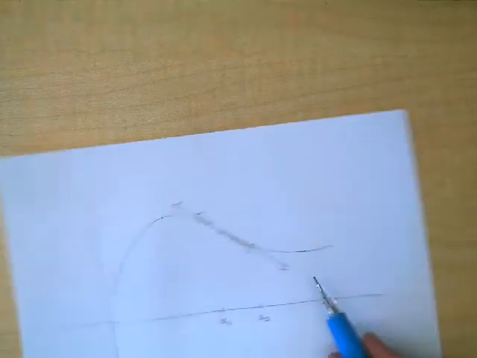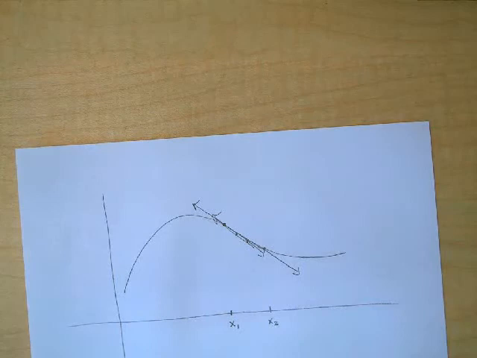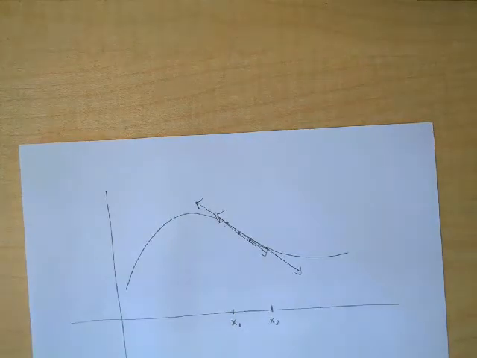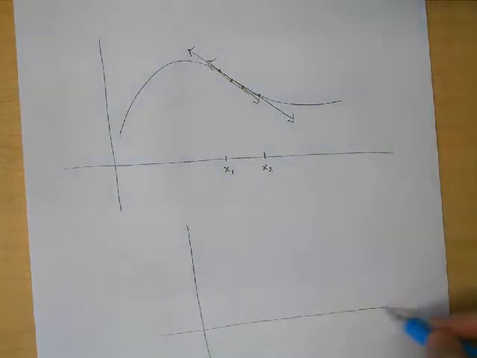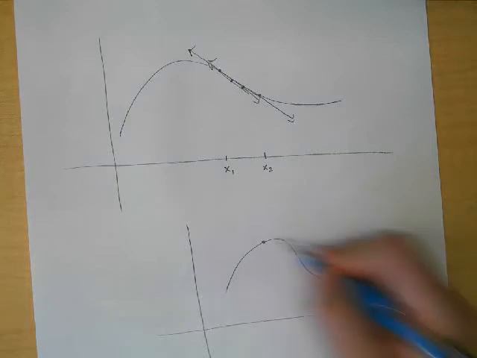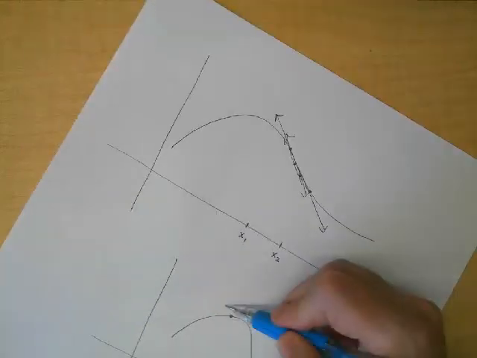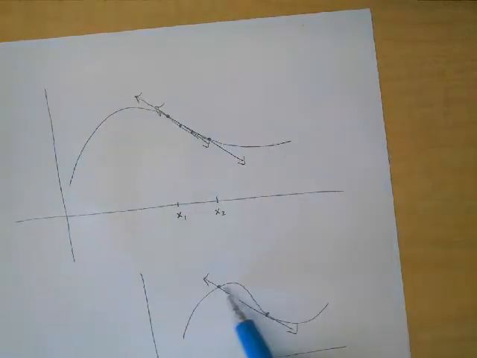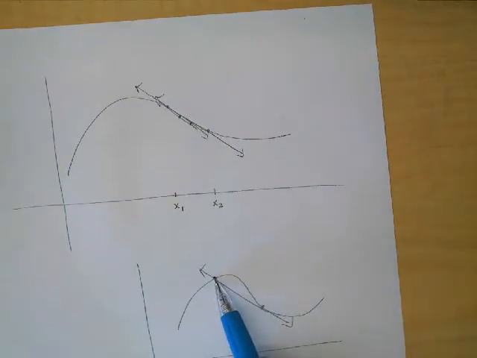And then I move it a little bit closer, and I keep moving it closer and closer and closer. Let me show you one that shows it more dramatically. Okay, so let's say I'm here and I'm here.